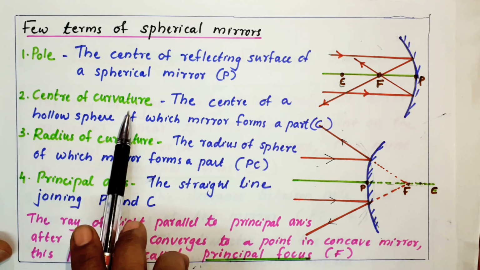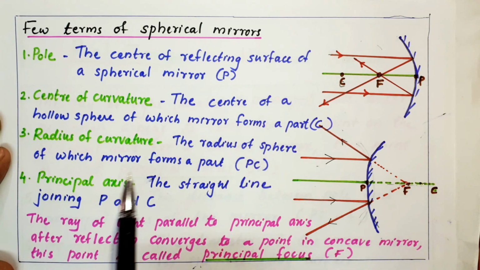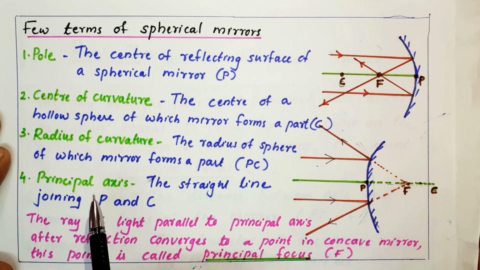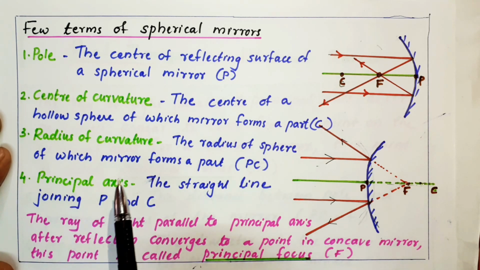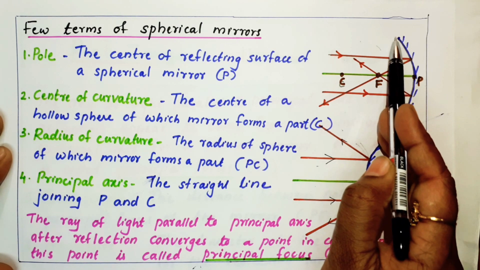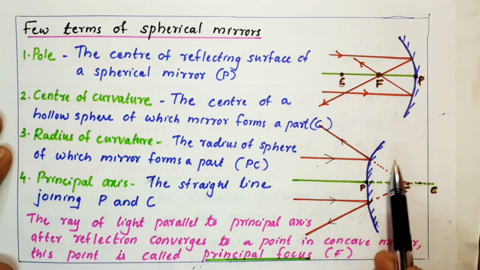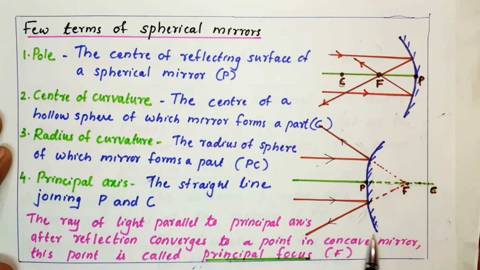Next is called center of curvature. Center of curvature means, I discussed in the spherical mirror, spherical mirrors are a part of a sphere. It means if you make this like a sphere, this also you can make as a sphere. So if you make it as a sphere, it has a center.